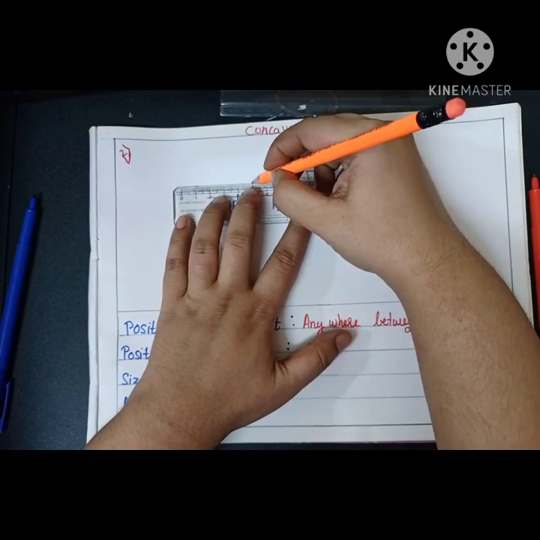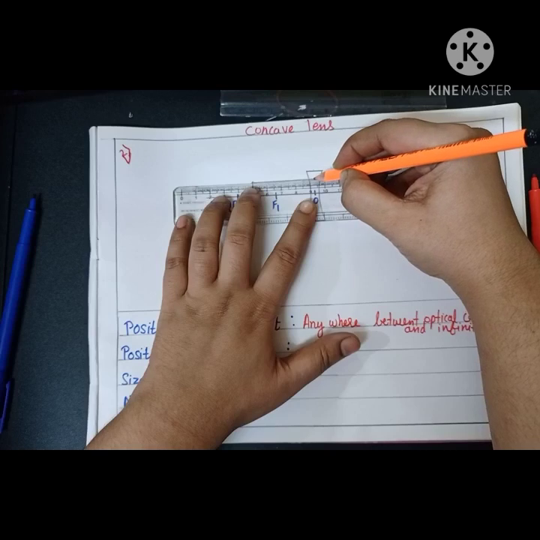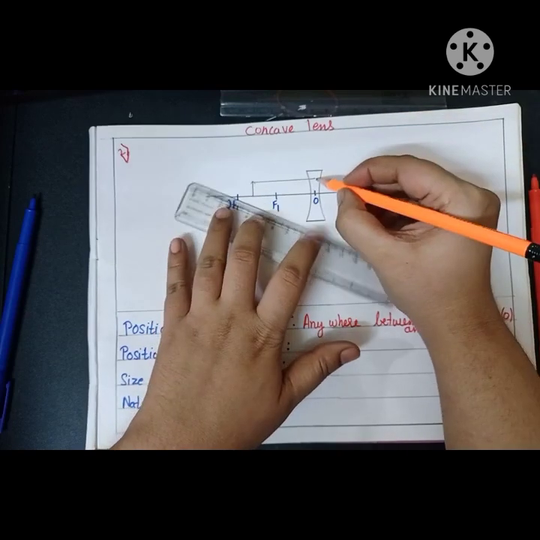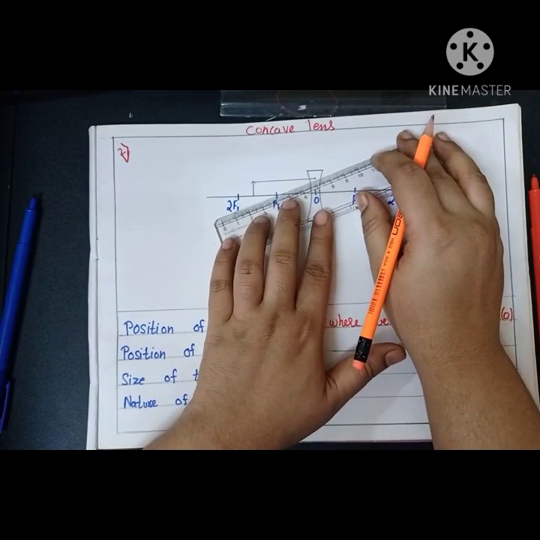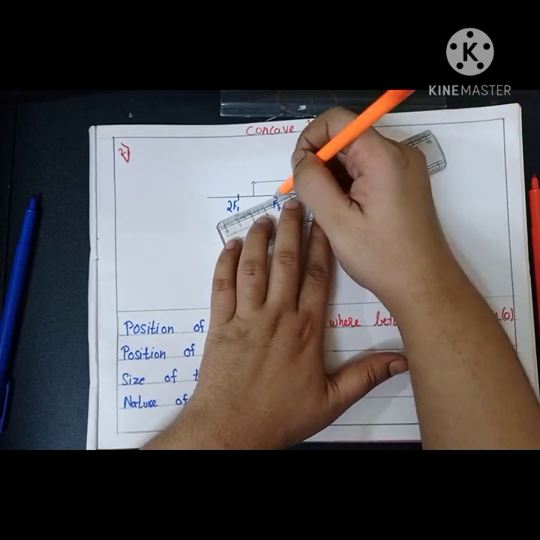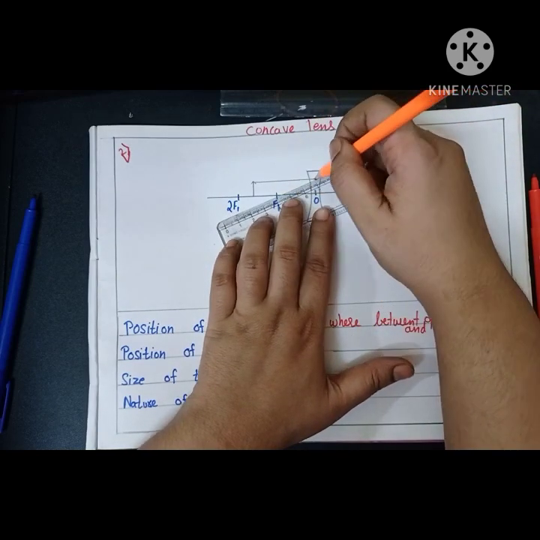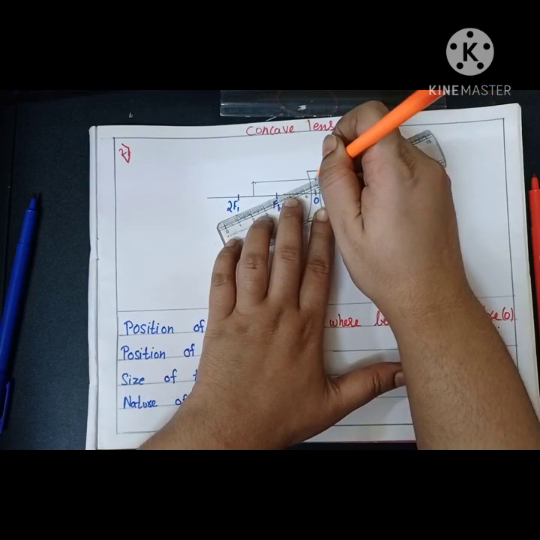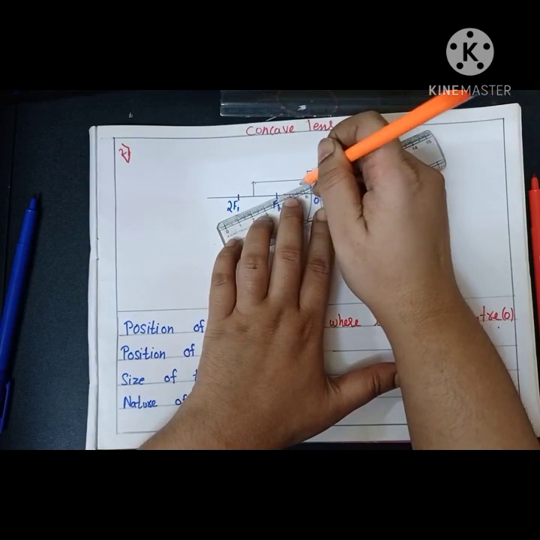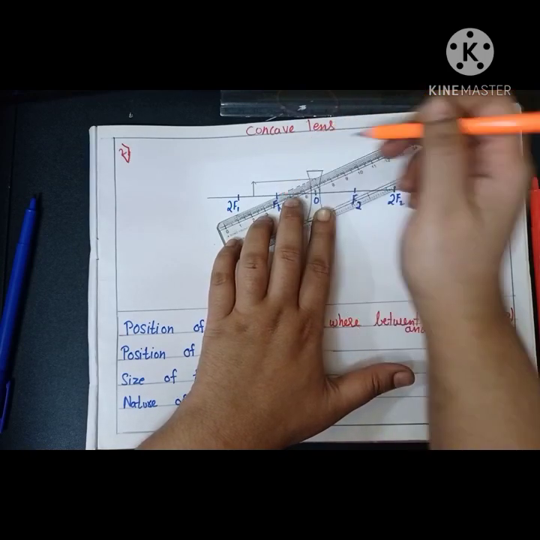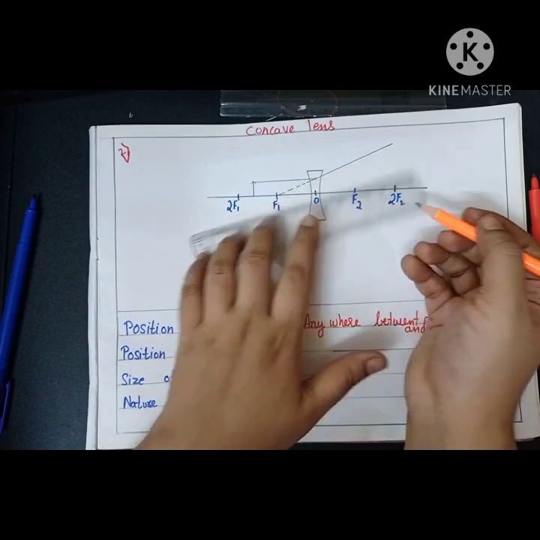Incident ray parallel to principal axis, as it is diverging lens, the extended ray will meet at principal focus. So you can extend it till principal focus.